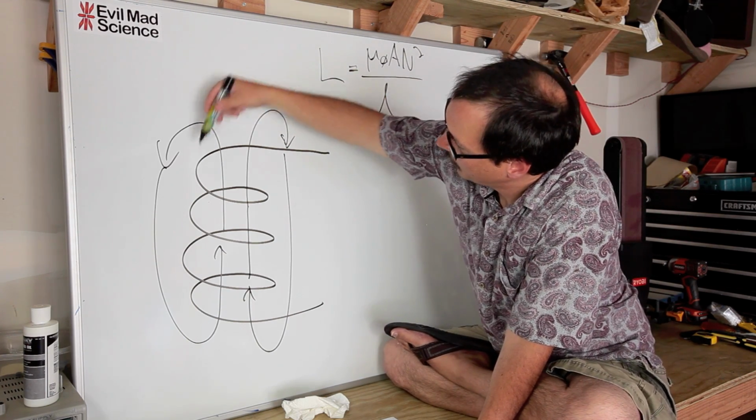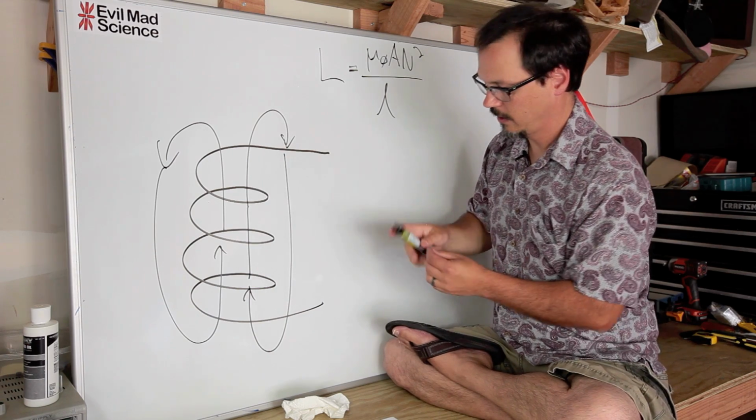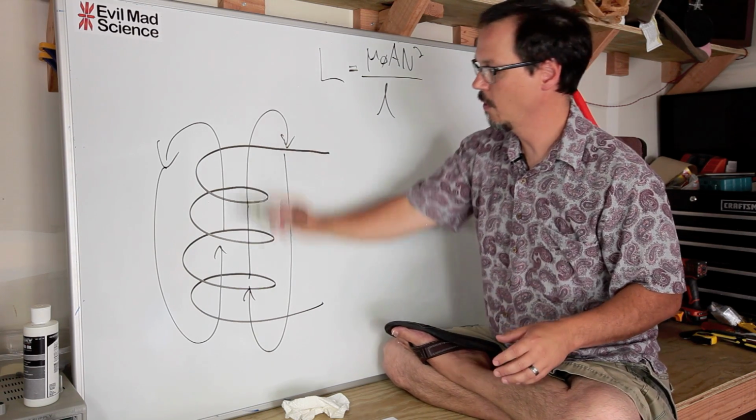The area is like the area of the circle, like this forms a cylinder.